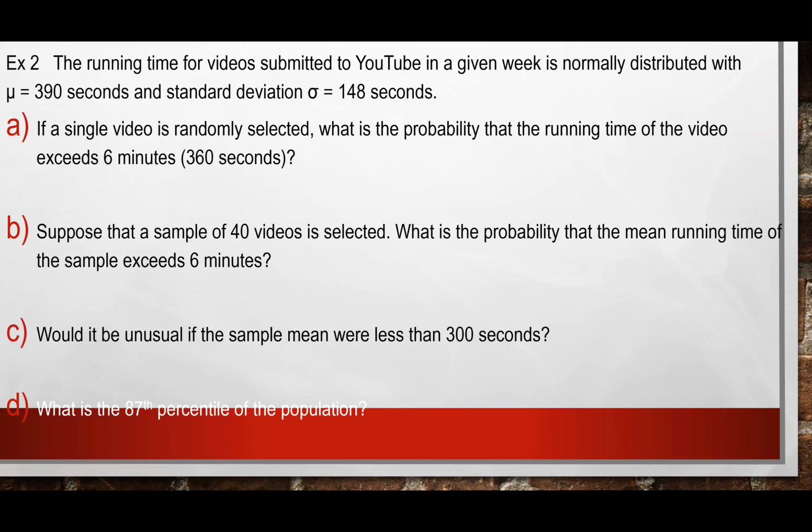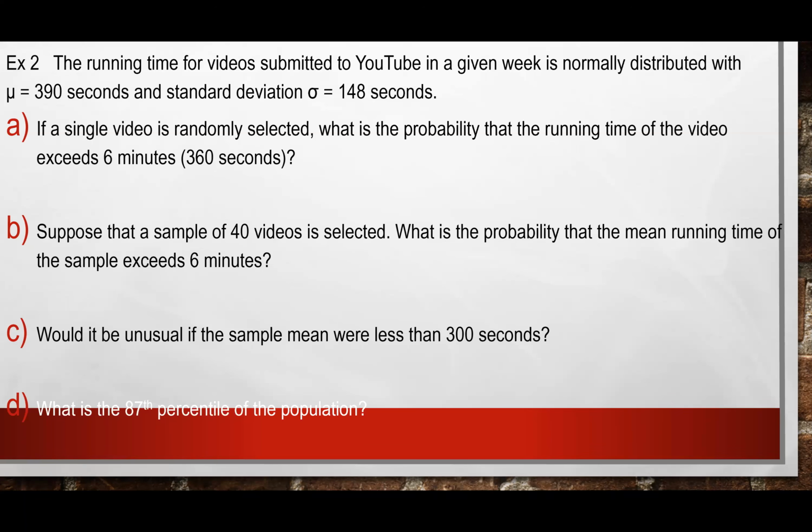the wording, right? So looking at this, the running time of a video on YouTube on any given week is normally distributed. And again, they just tell you normally distributed, meaning it is a bell-shaped curve, with a mean of 390 seconds and a standard deviation of 148 seconds.